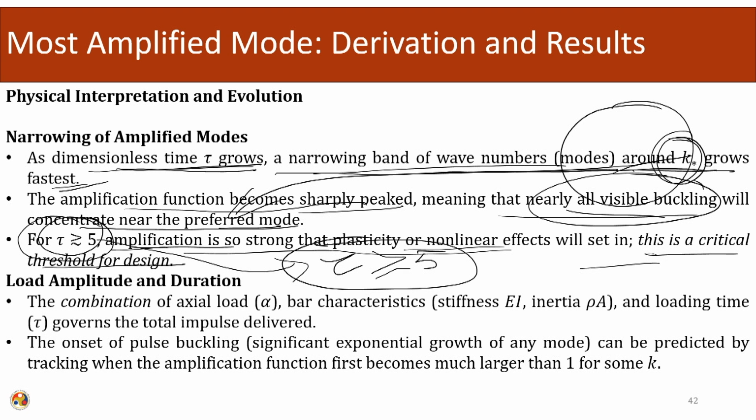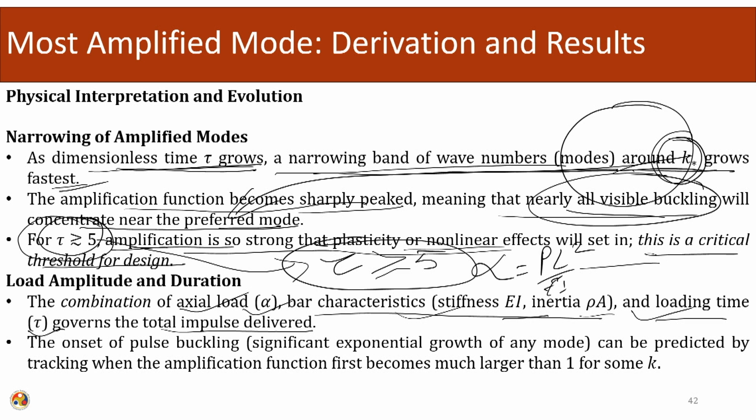The load amplitude and duration: the combination of the axial load, alpha, related to PL square over EI, the bar characteristics, that is the stiffness and the inertia, and loading time tau governs the total impulse delivered. So, the total impulse occurring in the system will be a function of all these parameters.